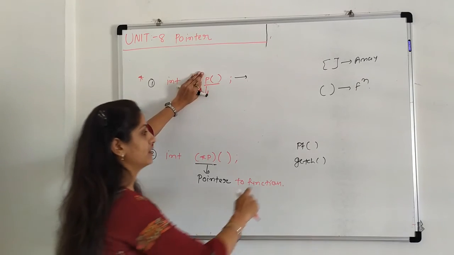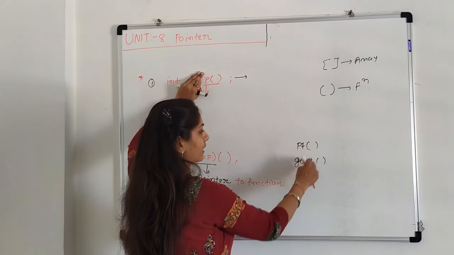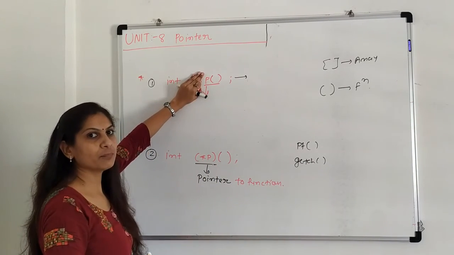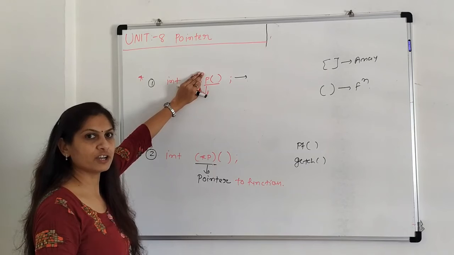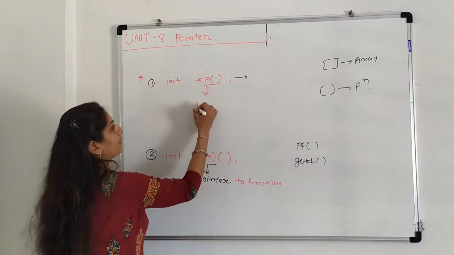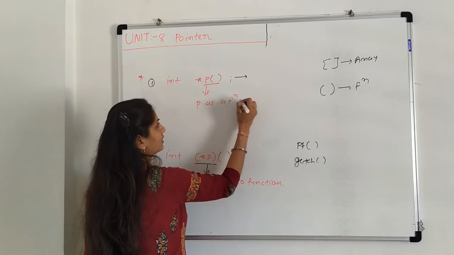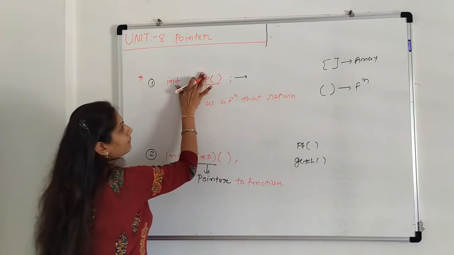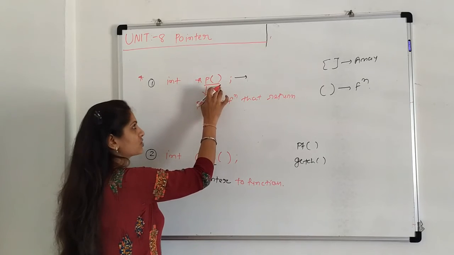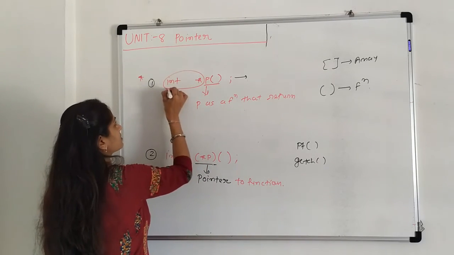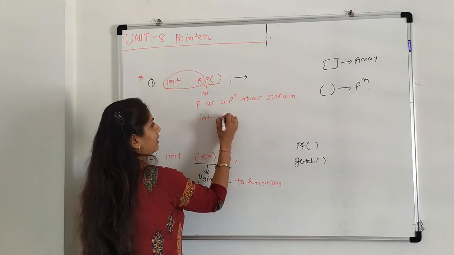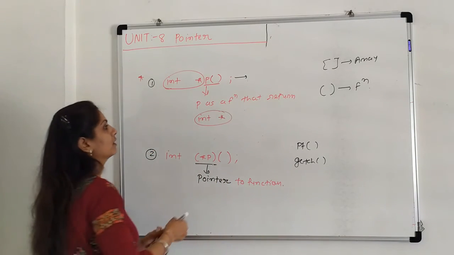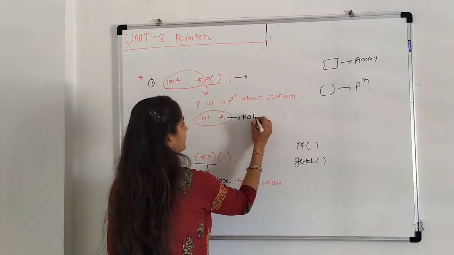So p bracket is like this, printf bracket, getch bracket. That means this is the name. P is not a pointer. Now p is a function name. So here p is a function that returns, p bracket, that is a function that returns integer star. That returns integer star means that returns a pointer.